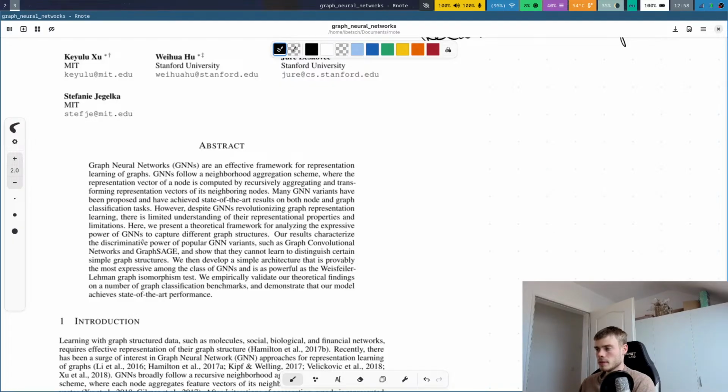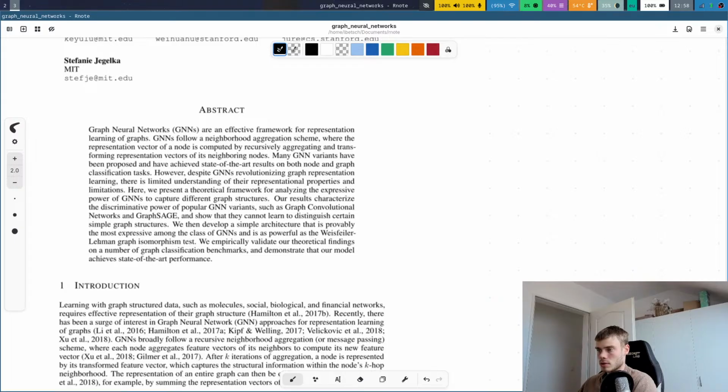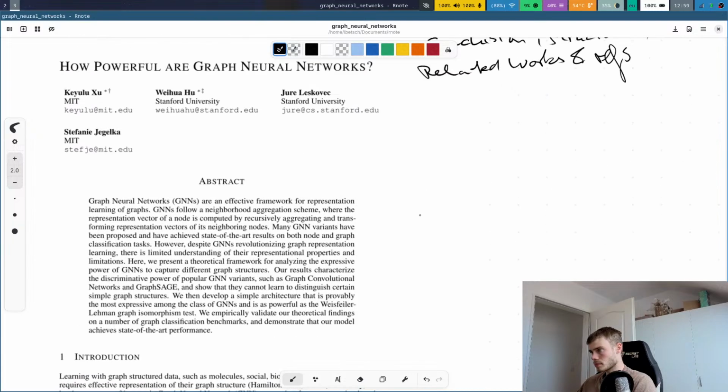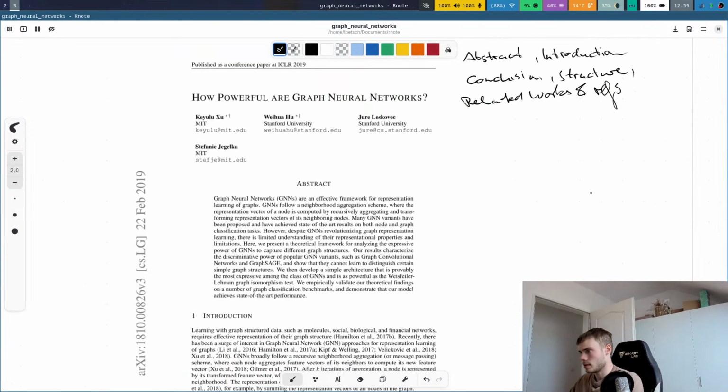We then develop a simple architecture that is provably the most expressive among the class of GNNs and is as powerful as the Weisfeiler-Lehman graph isomorphism test. We empirically validate our theoretical findings on a number of graph classification benchmarks and demonstrate that our model achieves state-of-the-art performance.